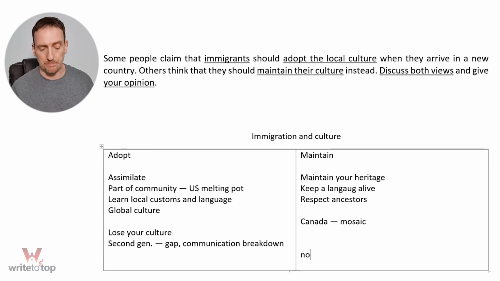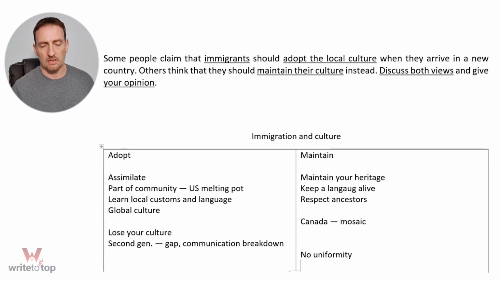In terms of being bad, there is no uniformity. If somebody comes to Canada, they think, what is Canadian? What does it mean to be Canadian if there are so many different cultures and everybody's keeping their own culture? Again, good or bad depending on who you are.